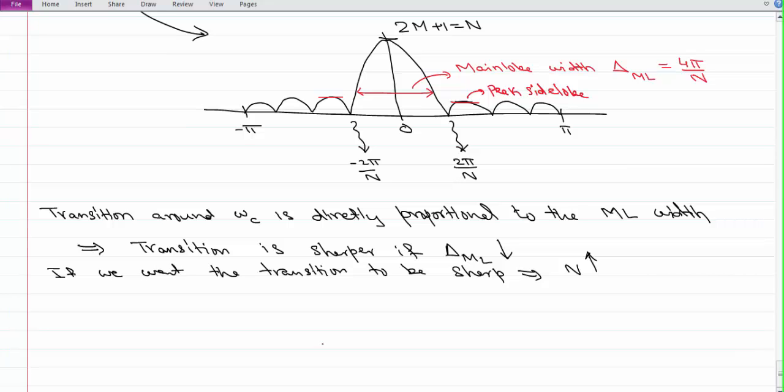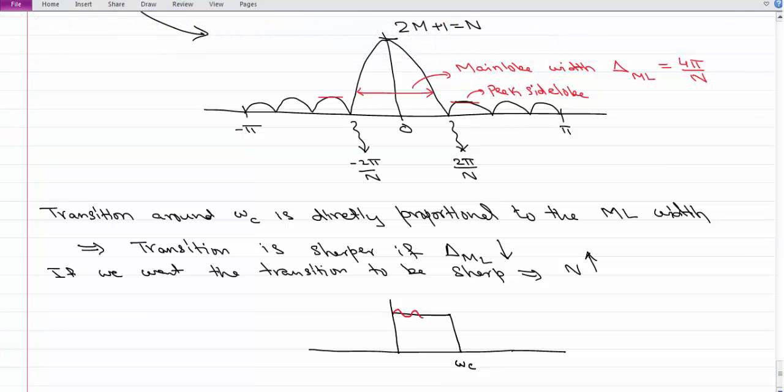If you zoom in onto the frequency response of a filter that you designed by the windowing method, let's say this was your ideal filter, ω_c. What will happen is that you will have ripples around 1. Then you will transition, and even here you will have ripples.